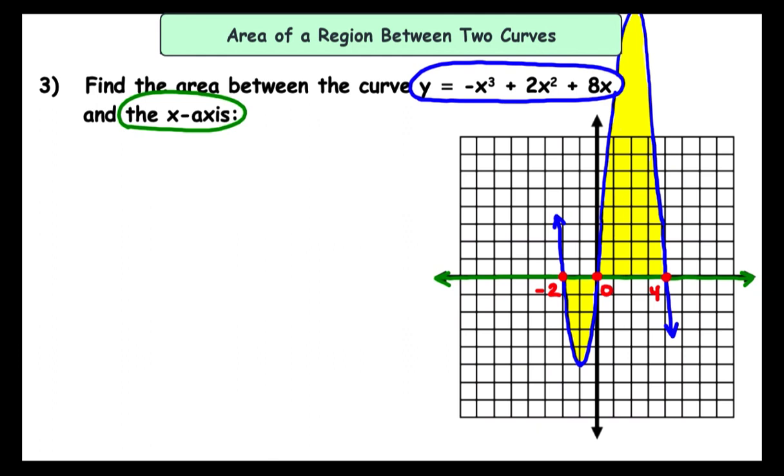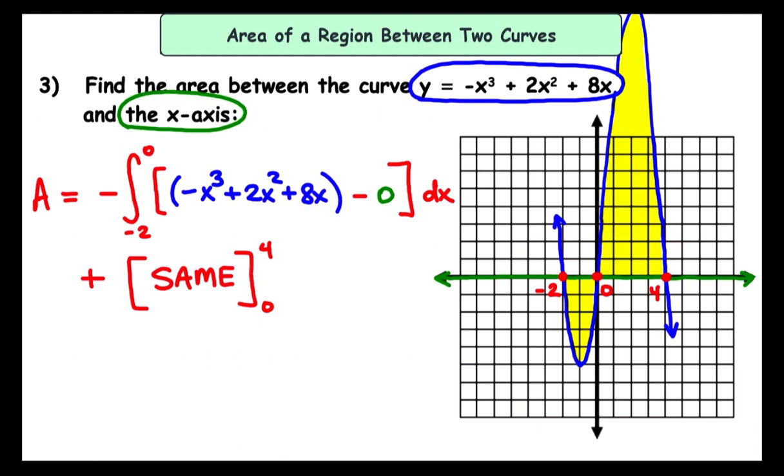And we'll go blue minus green both times. Again, between -2 and 0, it really should be green minus blue. But I went ahead and put the negative in front and switched the order of these 2 around. That makes up for it. Also makes up for the fact that it's underneath the x-axis.